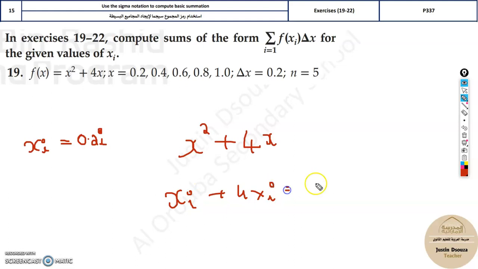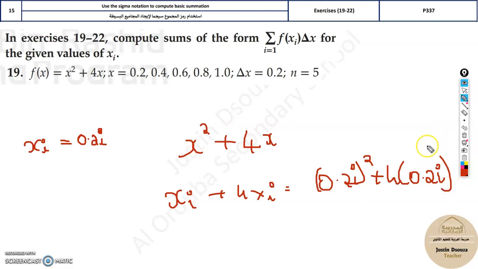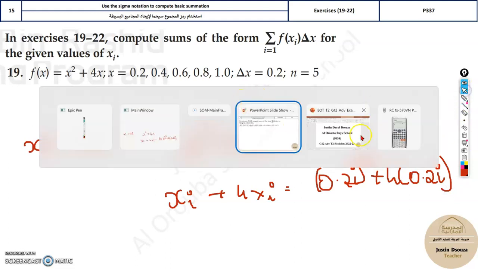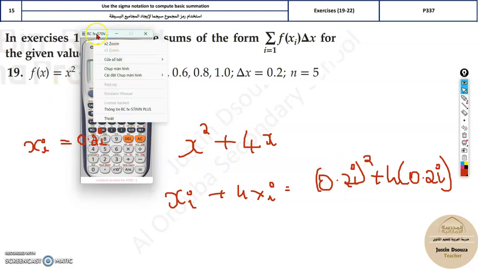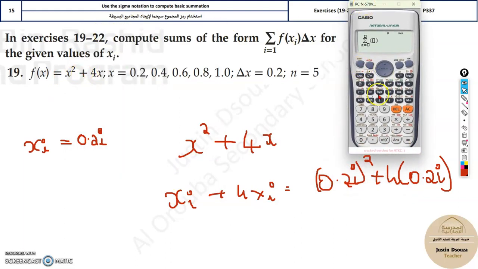That will be equal to (0.2 i) the whole squared plus 4 into 0.2 i. This is what we do. Now, you need to use your calculator. The summation symbol is over here, shift and this. Instead of x squared, open the bracket and write it properly: 0.2 i.